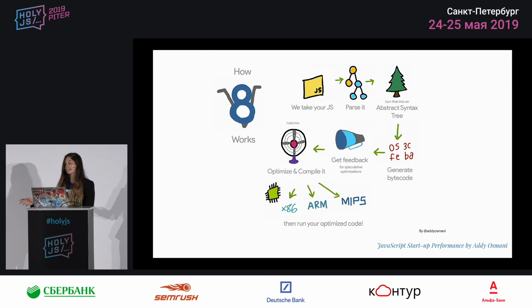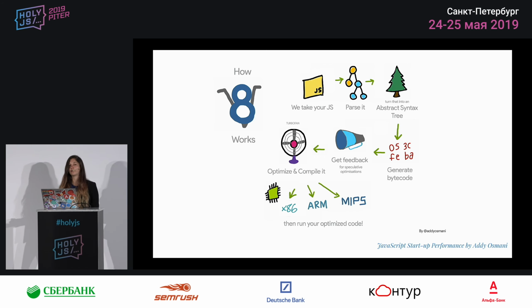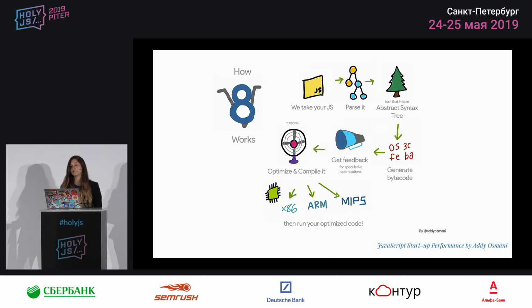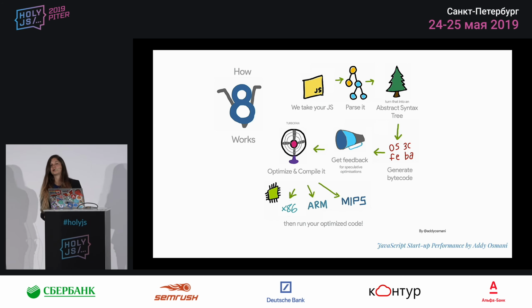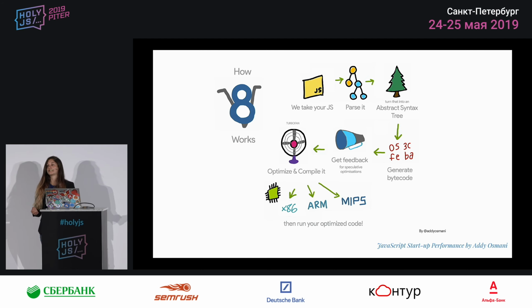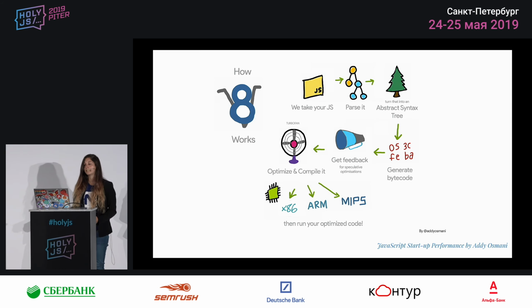I'm not going to go through each of these steps. There's a very nice blog post by Addy Osmani on JavaScript startup performance, and it briefly touches on what happens under the hood. But my point is that we don't simply start interpreting the code one by one. There are a lot of steps, and there is a certain overhead while executing the JavaScript code.